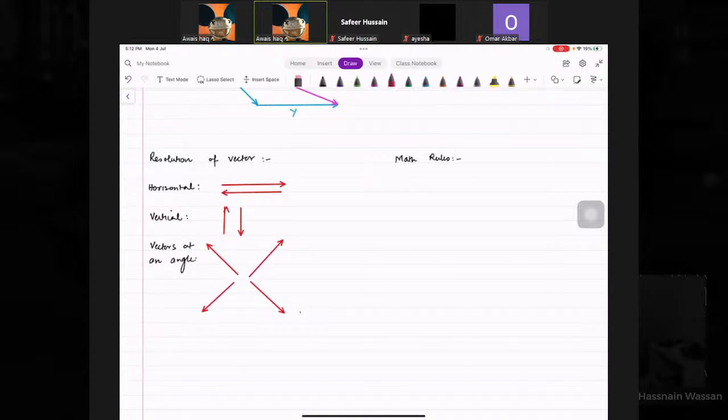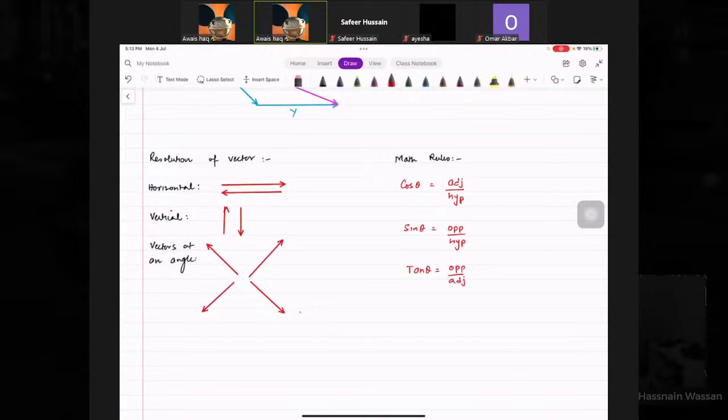The first rule is that cos theta is adjacent over hypotenuse. You might know this already. Similarly, sine theta is opposite over hypotenuse, and tan theta is opposite over adjacent.